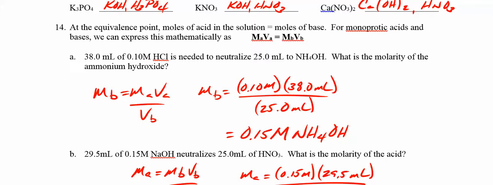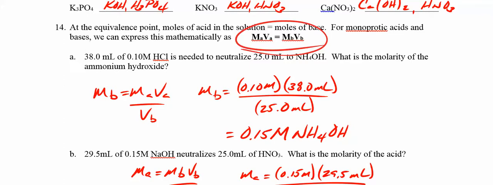So again, we're going to use this formula here: MaVa is equal to MbVb, where the A stands for acid and the B stands for base. We'll rearrange that to give us the molarity of the base. Molarity of the base is equal to M sub A times V sub A divided by V sub B. We'll plug numbers in from the problem. M sub A was 0.10 molar, V sub A was 38 milliliters, V sub B 25 milliliters.